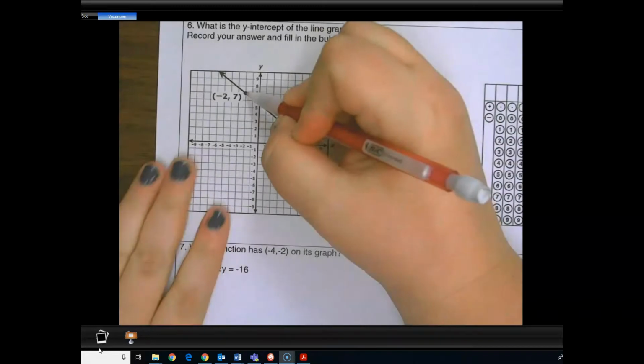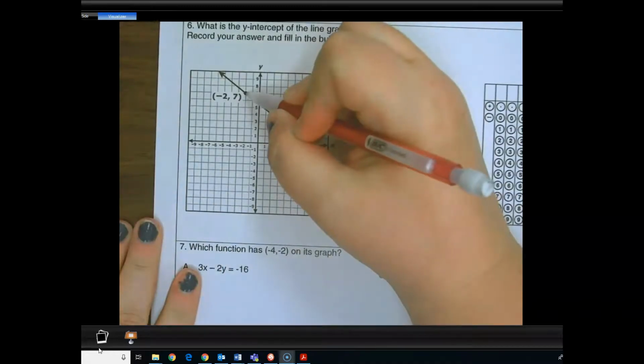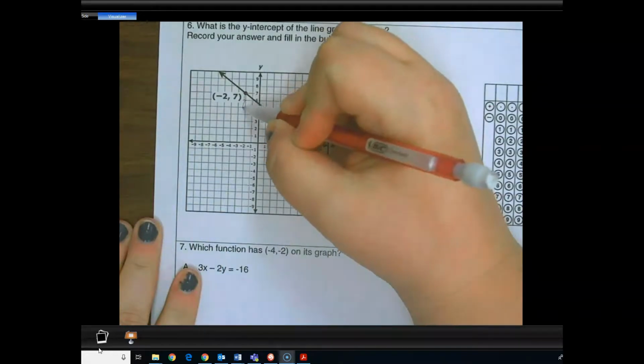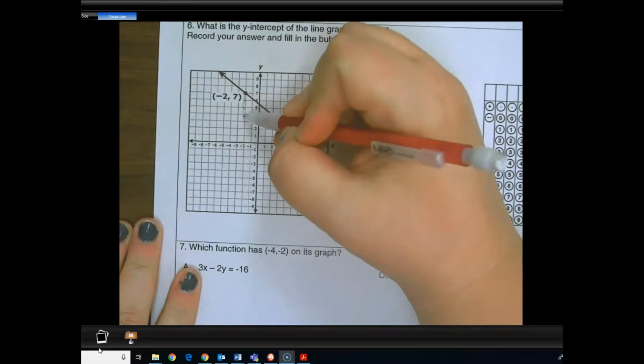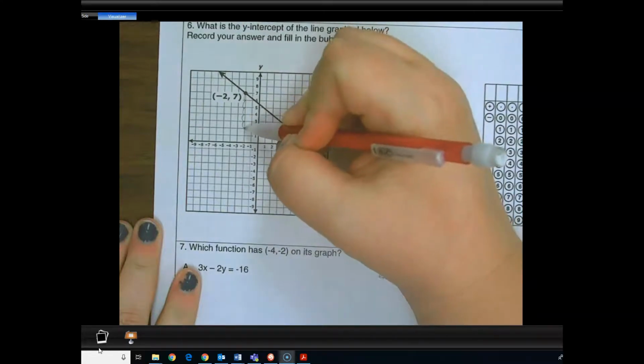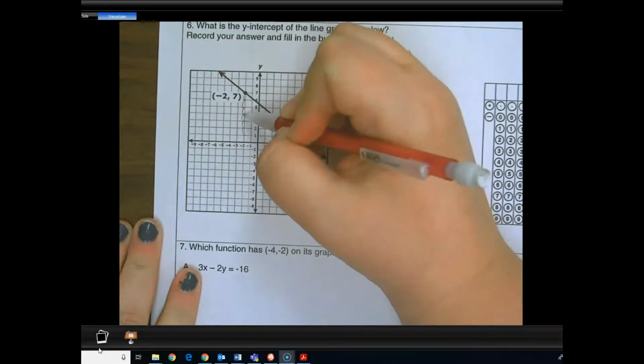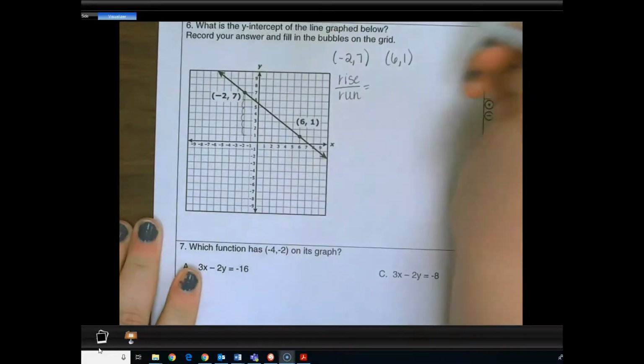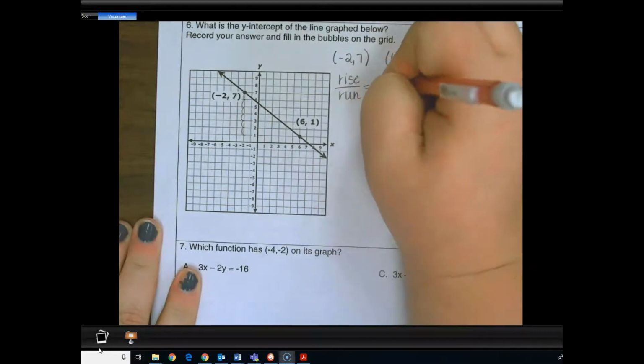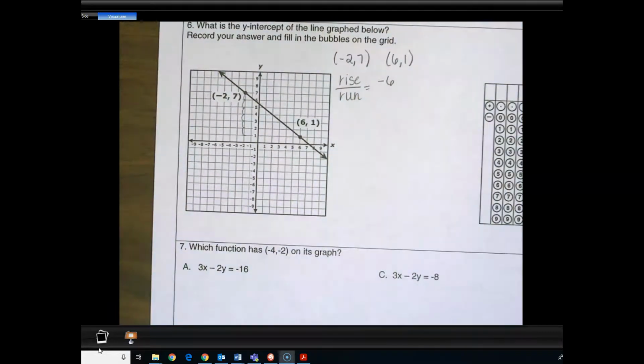So I'm going to start at my point and go down, 1, 2, looking at how far I have to go down to be on the same line as that number. And it took me 1, 2, 3, 4, 5, 6. And going down is a negative. I always remember that. I know this is not the best, so forgive me, parents, but if you go down after you die, that is a negative thing.